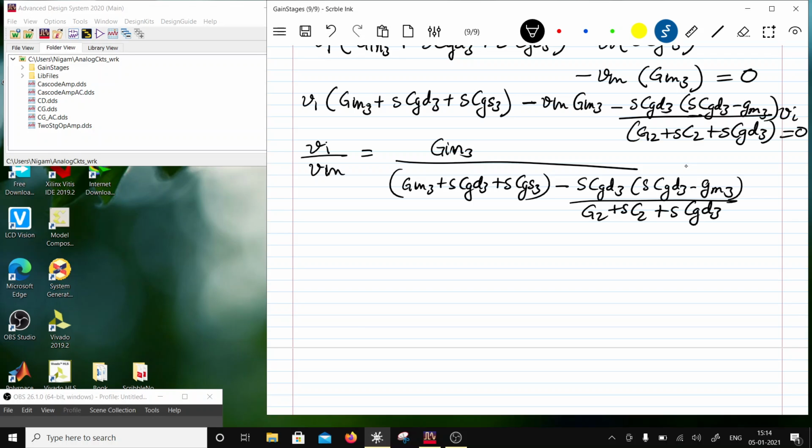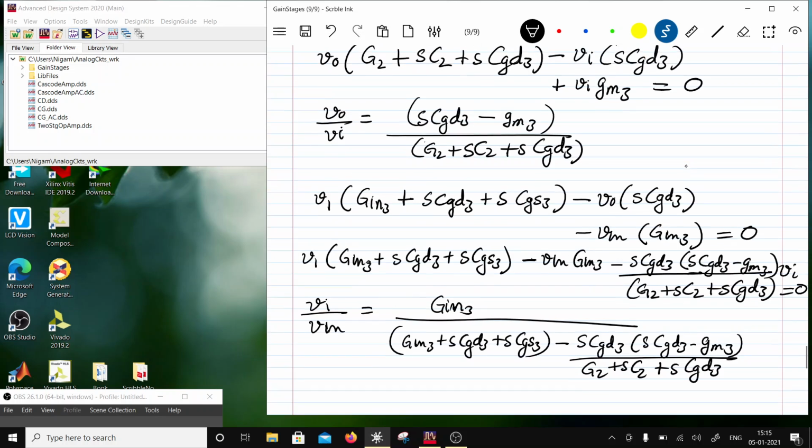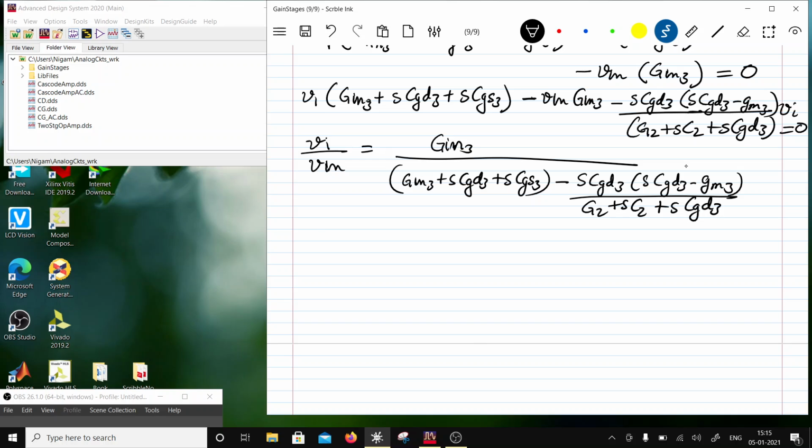Okay, so this will be that. Then VO by Vin would be multiplying these two terms, right? So VO by Vi into Vi by Vin. So it will be VO by Vi multiplied by Vi by Vin. So this will be equal to VO by Vin.